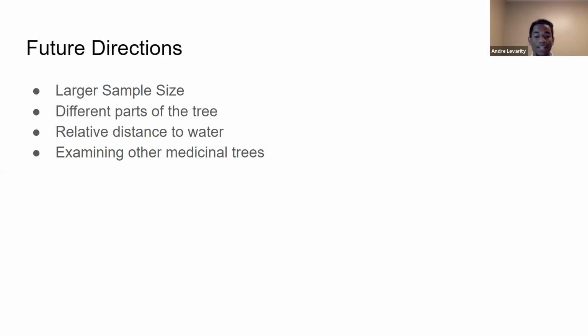The salicin doesn't break down once you freeze it and keep it in the freezer. So if you store samples over time, you could work through them over a longer period. Another thing I wanted to look at specifically for this tree in the future is how close the tree is to a water source, and how that affects the amount of salicin found in the tree, its branches and different parts of the tree. But of course, all of this comes with needing more hands and more time as well.